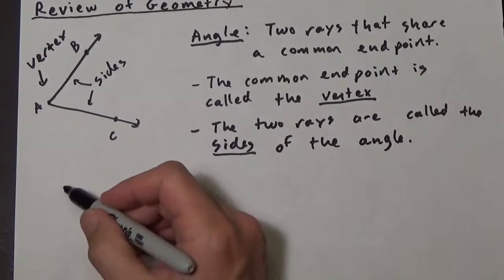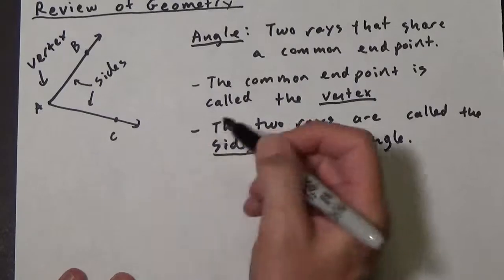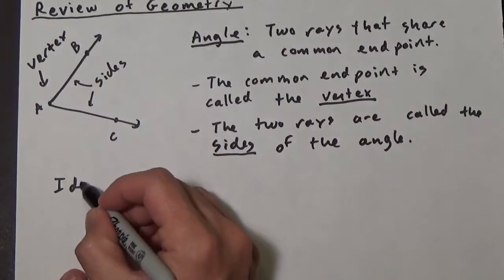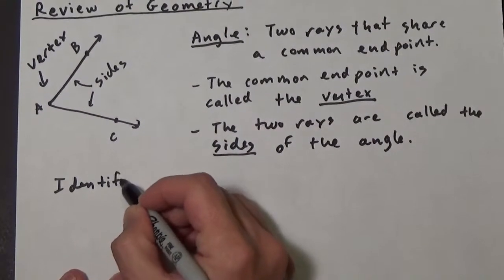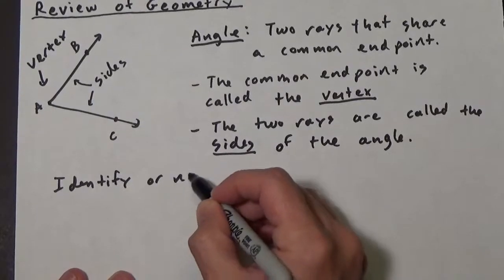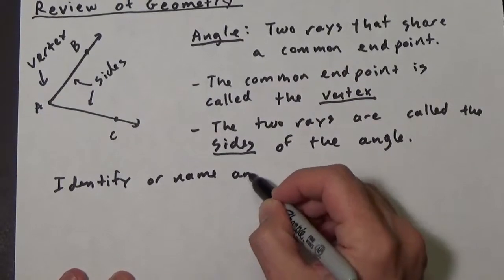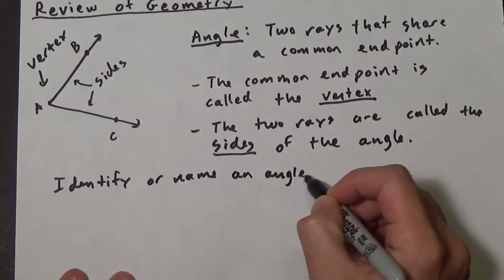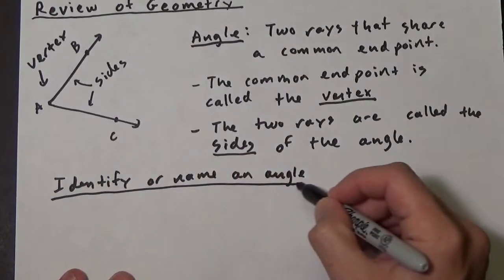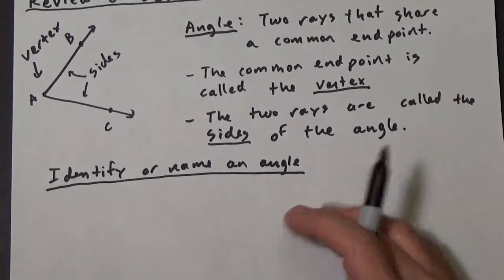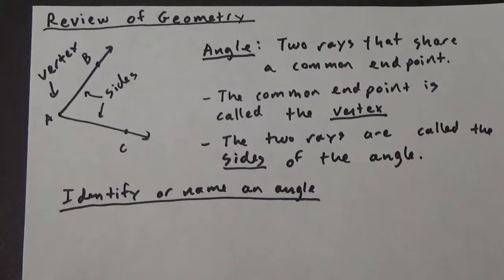Alright, so next we want to be able to identify or name an angle. When we identify or name an angle, for this particular angle, there are three ways we can do that.